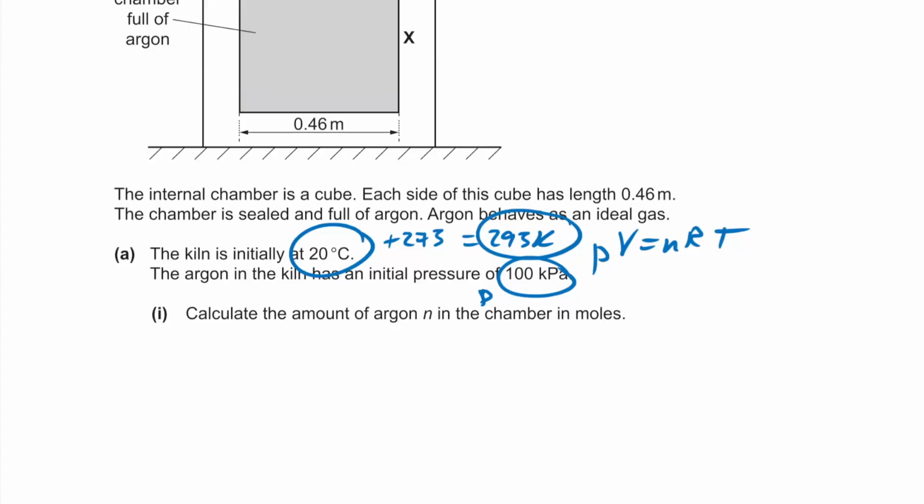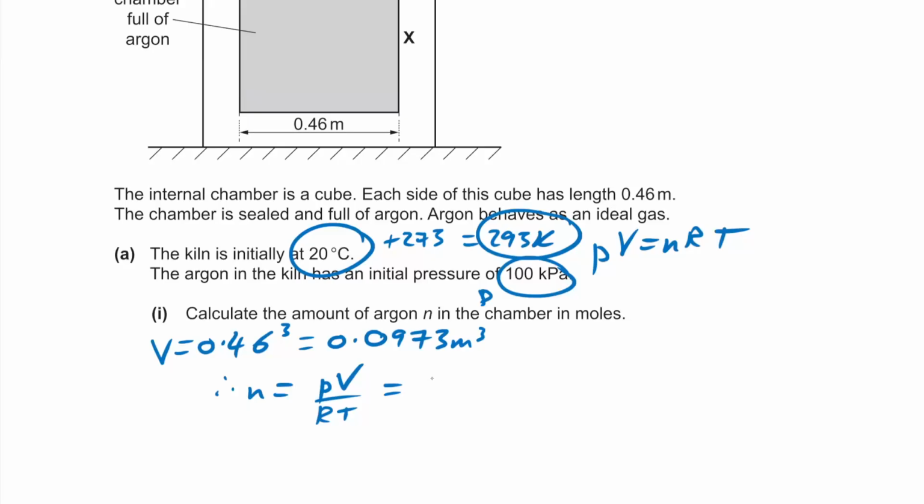Lovely. So we know that the volume is going to be 0.46 cubed. And so that gives us 0.0973 meters cubed. So we're looking for n. That's equal to PV over RT. So that is 100 kilopascals, so 1 times 10 to the 5 times, tell you what, let's convert that, 9.73 times 10 to the minus 2.